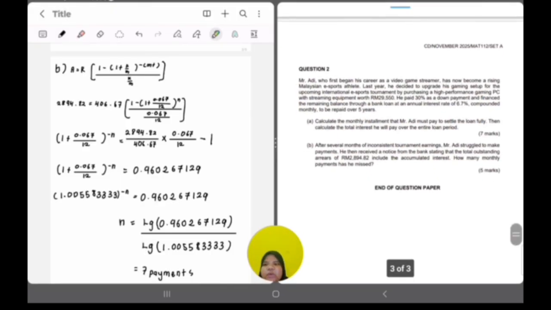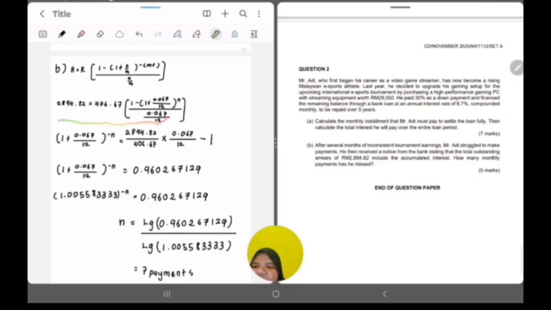Now I will explain how to answer question 2B, which asks how many monthly payments he has missed. To find this, we need to use the same formula as we did to find the monthly installment, because it has an empty here, which is what we will try to find. Then we will substitute all the information that we get from question B into this formula.